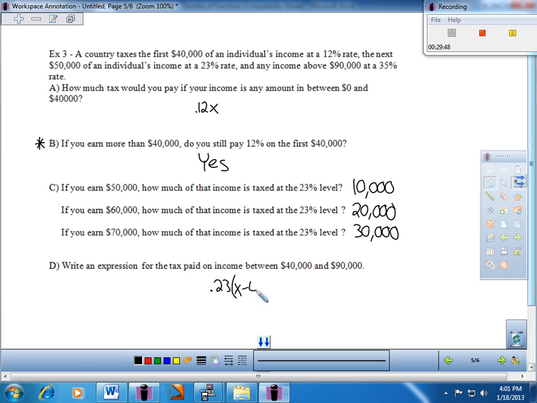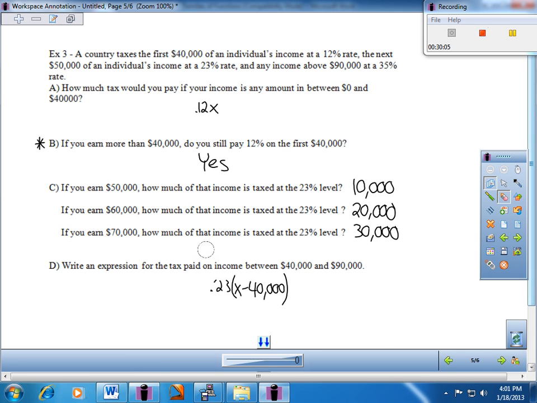And so it should look something like this: I take that income and I subtract $40,000, and that's what's taxed at the 23% level. Okay, good, super. Again, we're just answering some good preliminary questions before we attempt to put it all together.